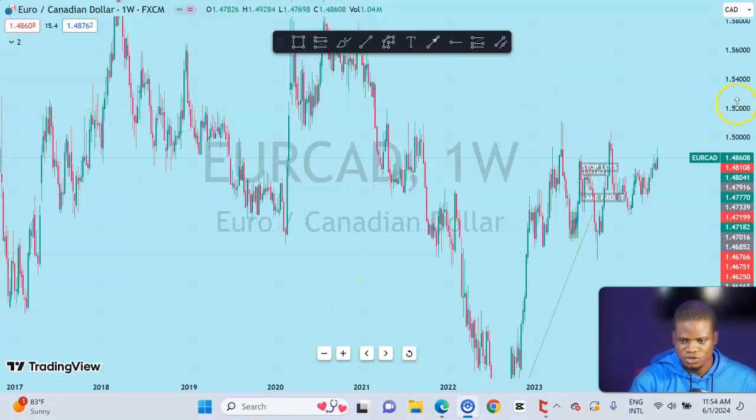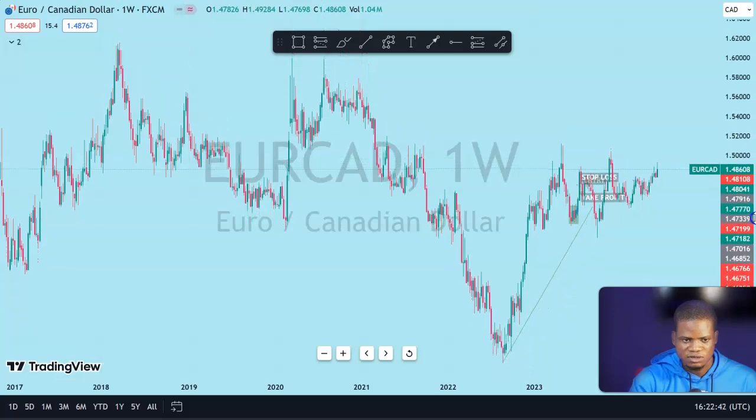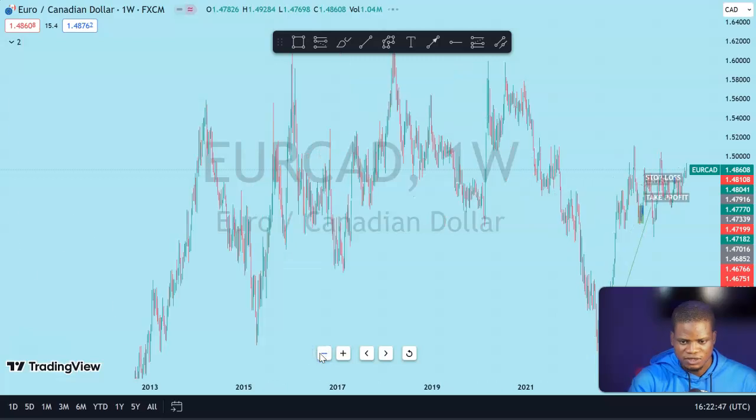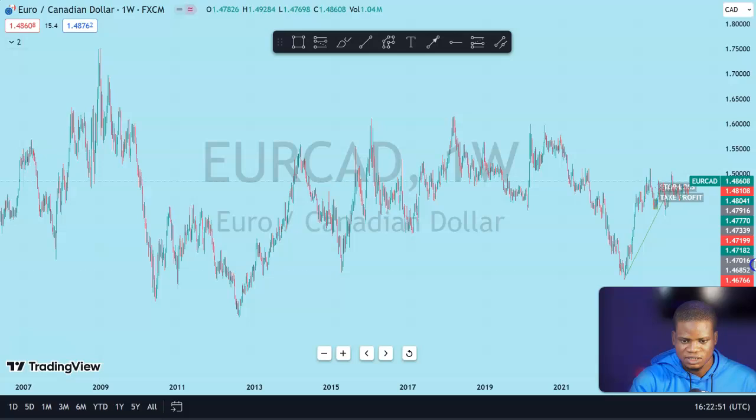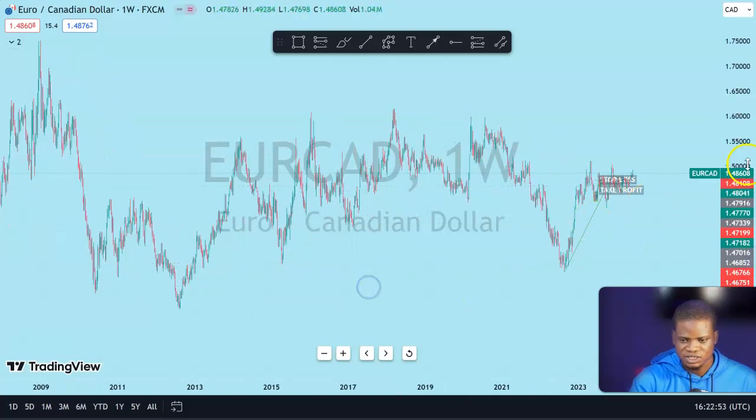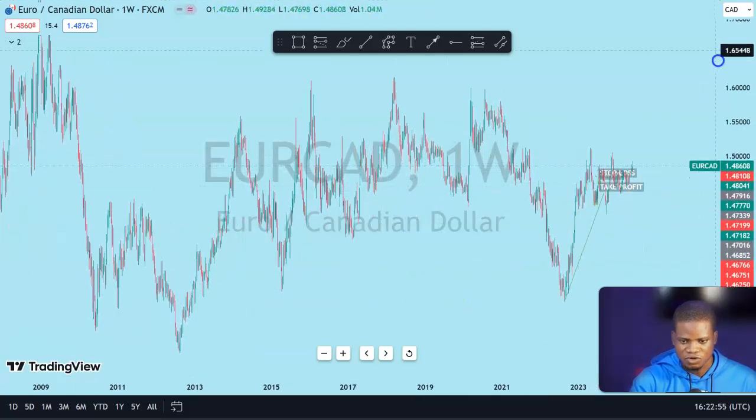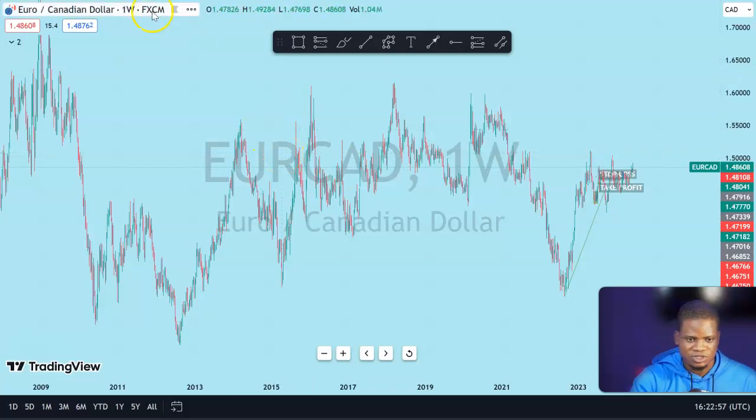Alright, this is EuroCAD on a weekly time frame, and if you look at this chart pretty well, you would see that the market has created a series of highs and lows on this chart.